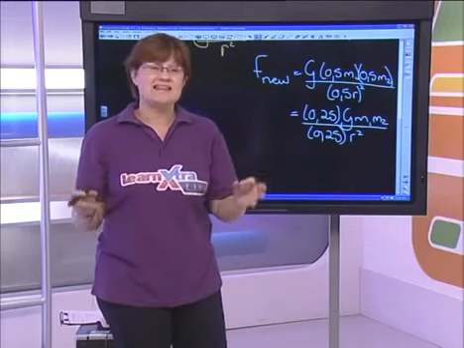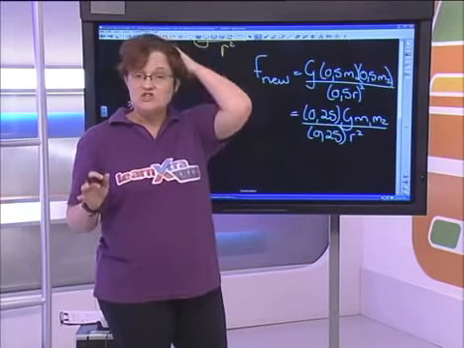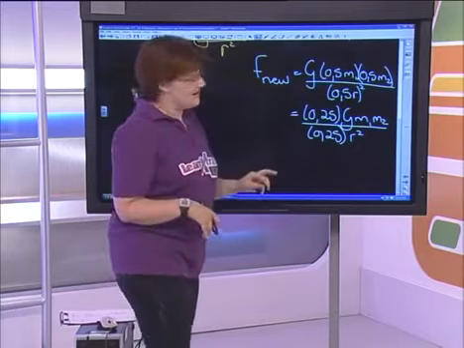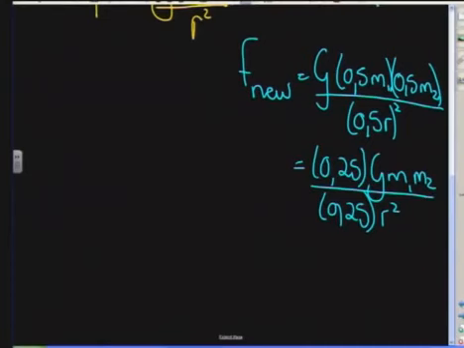Now we work out what the numbers would give us if we just had them, and this one's actually quite nice because we've got 0.25 divided by 0.25, which is 1. Okay, so we have 1 times G M1 M2 over r squared.